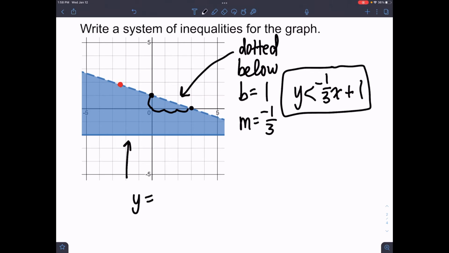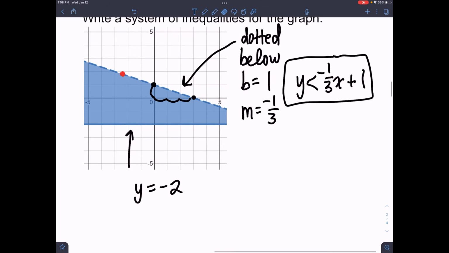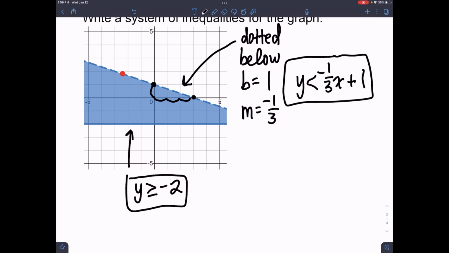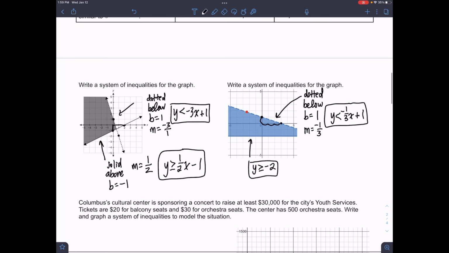Horizontal lines are like, this one is y equals -2. So those are flat lines. So the symbols that we're going to pick here is, it is above the line, and it is solid. So we're going to pick that, okay? So those two together form that system.